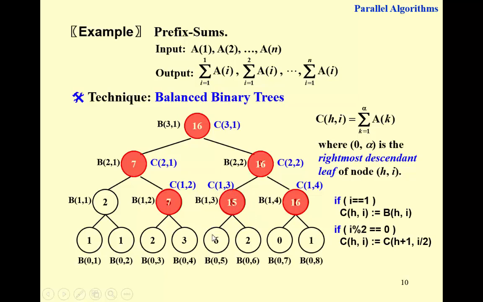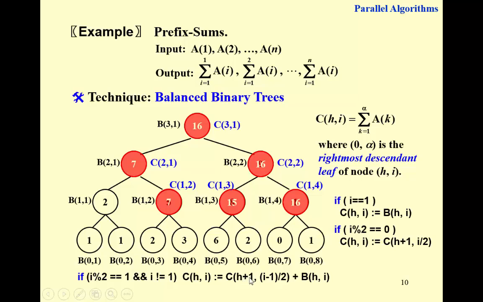In general, it can be calculated according to this formula. If it is an odd number and if it's not along the right path, this can be calculated as the sum of this B plus the value stored in the previous node's parent. This corresponds to the upper level, and this is the parent of its previous node.